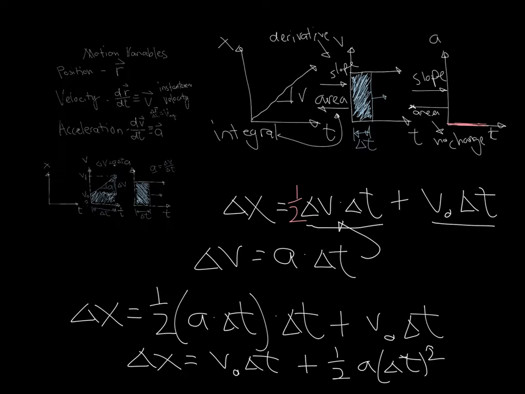So what does this mean for what the position versus time graph looks like? Well, just looking at how change in position is a function of change in time, right? Because v naught is whatever your initial velocity is. It's a constant. It's something that you start with, and it's not like you can change your initial velocity as time goes on.